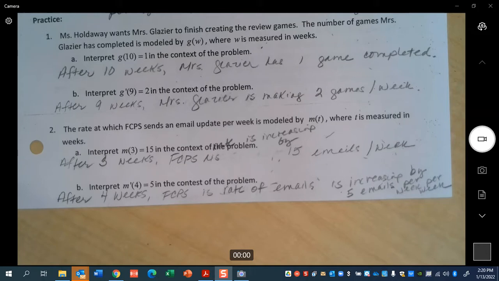But it's not constant because the derivative, this is the rate of change. It's changing by 15. But this is the rate of change of my rate of change, meaning that it's changing at an increasing rate. So it's increasing by 5 each time. So instead of increasing by 15, it's increasing by 20. And then it's increasing by 25. And then by 30. And then by 35.